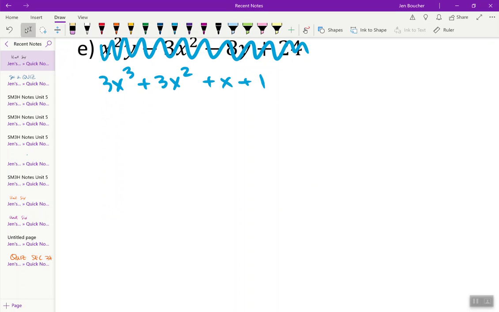I have no idea if you understand this or if you don't. So again, we changed problem E to 3x cubed plus 3x squared plus x plus 1. I want you to do this one in particular because I want to make sure you've got that one thing when there's not a GCF.